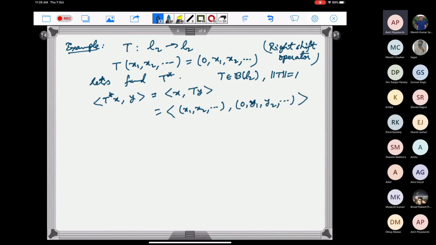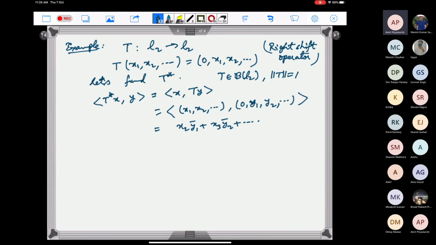And the inner product on L2 is defined as the summation of xi yi bar. So we get x1 times 0, and then x2 times y1 bar, and so on. So this is equal to x2 y1 bar plus x3 y2 bar, and so on.